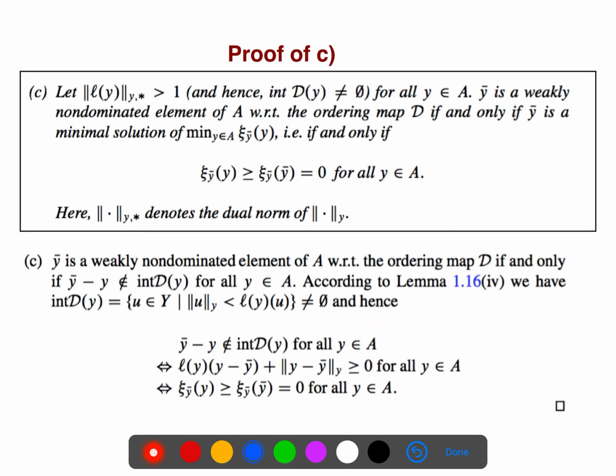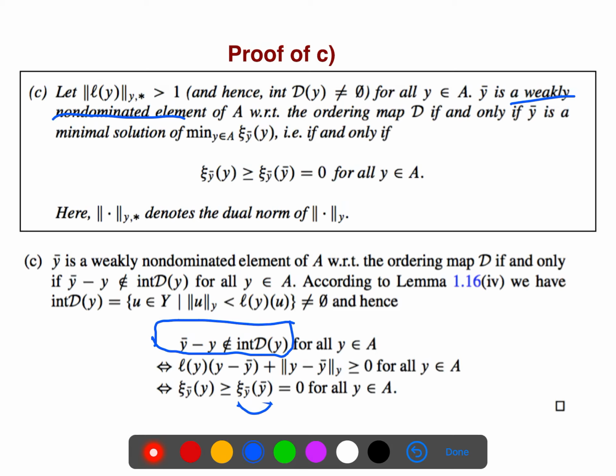A similar argument about part C can be used. We use the definition of a weakly non-dominated element, which is this one, and we substitute, and we see that we need to minimize this functional as well.